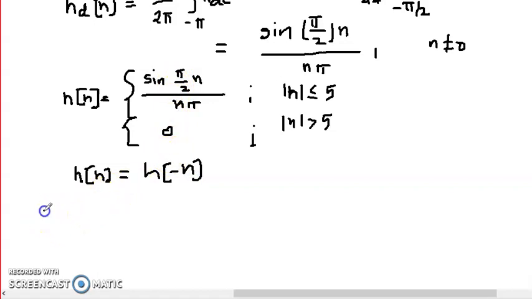Of course, we also have to find it for n tending to 0. So what will h(0) be? h(0) will be the limit as n tends to 0 of this function.